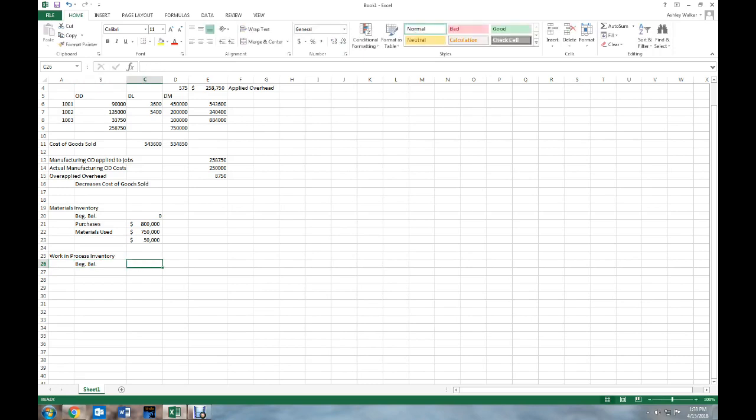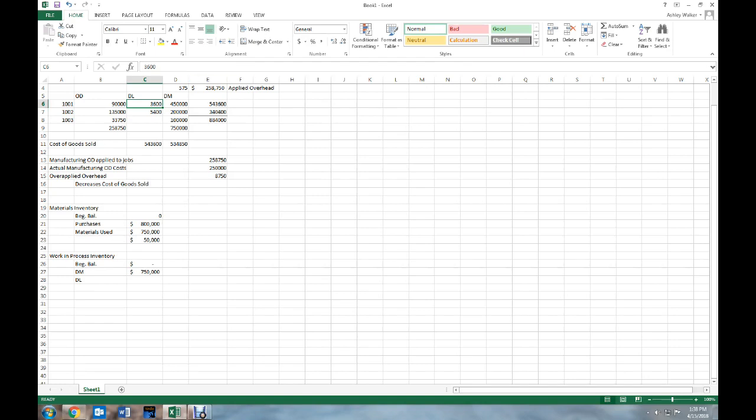It's our first month of operations, so there can't be a balance in there. Okay. So we know how much indirect materials we spent. So direct labor, we know how much in cost we had for 1001.